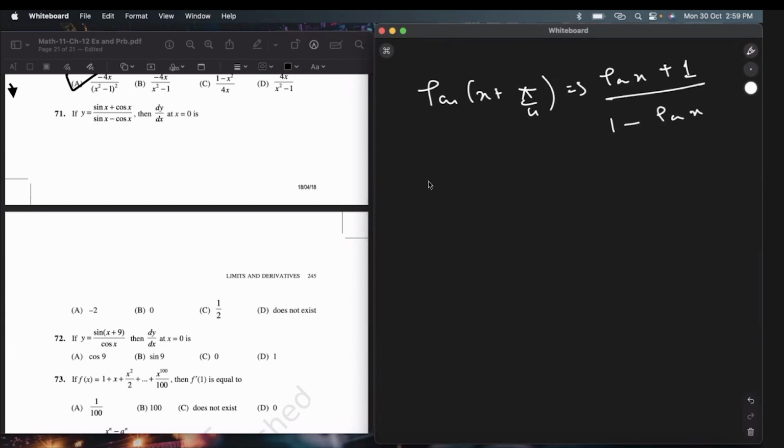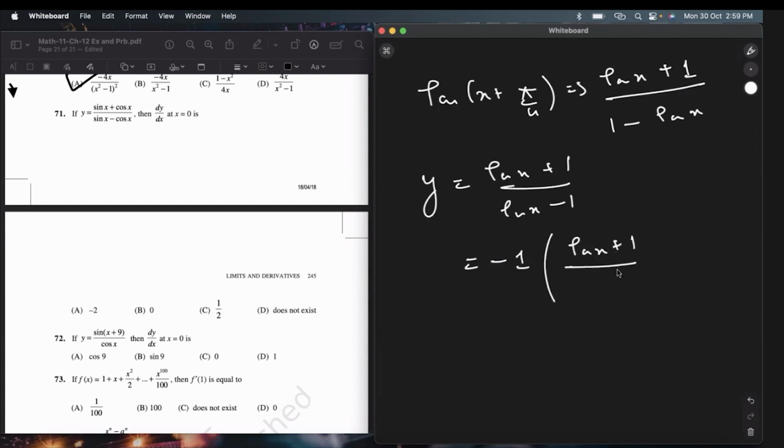Alright, and in the question what do we have? I have y equals (tan x plus 1) over (tan x minus 1). So if I take a minus sign out, minus 1 multiplied with (tan x plus 1) over (1 minus tan x). See the resemblance?